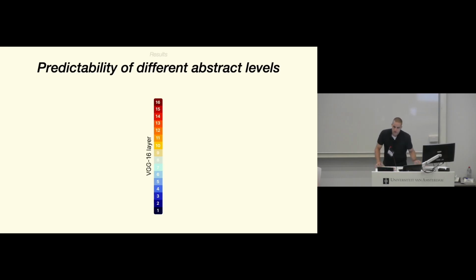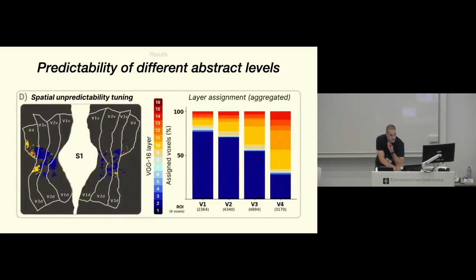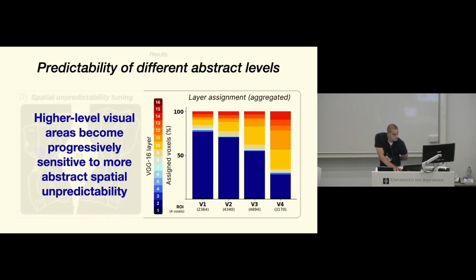When we looked at what type of unpredictability different visual areas are sensitive to, we found a hierarchy with a gradient that parallels the established bottom-up feature encoding hierarchy, where early areas are most sensitive to unpredictability at lower levels, and later areas become progressively sensitive to more abstract types of spatial unpredictability. And this was the case in every subject.